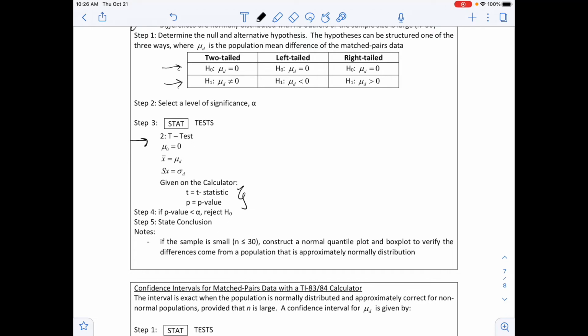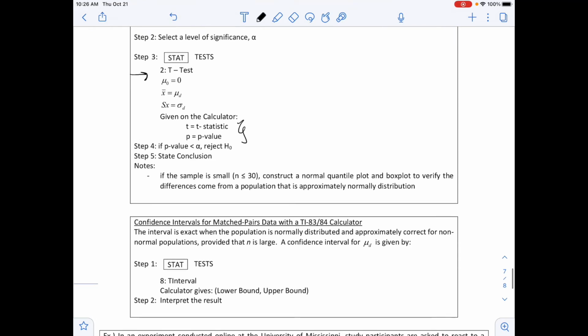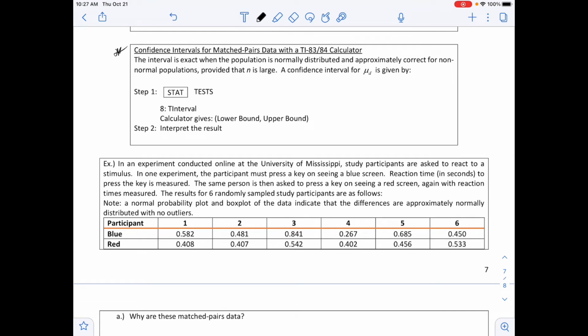State conclusions, and this is if the sample is small, less than or equal to 30, construct a normal quantile plot and box plot to verify the differences come from a population that's approximately normally distributed. The box right below this one is confidence intervals for matched pairs data with the TI-83 or 84 calculator.